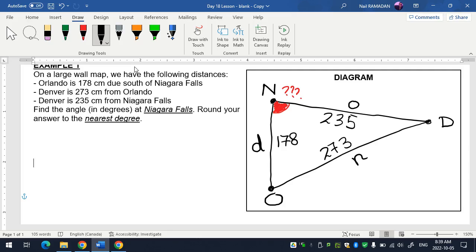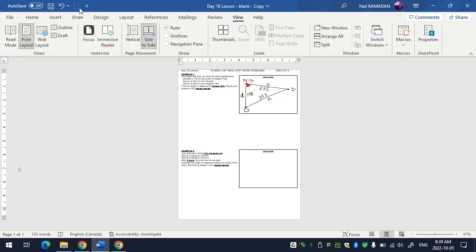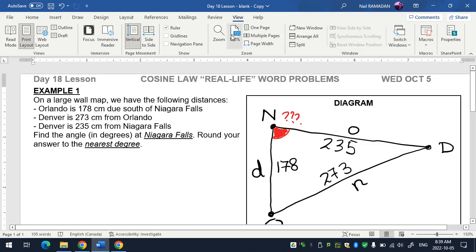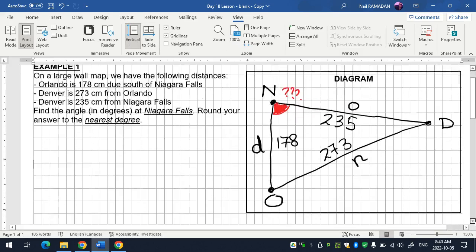Come on. Okay, so Faisal is going to take care of this. Give me 1 second. View grid. No, sorry, my bad. Where's the grid? Okay, Faisal, go ahead.